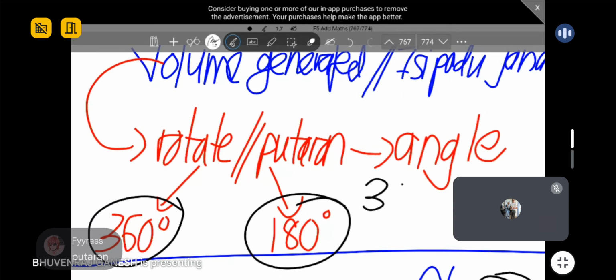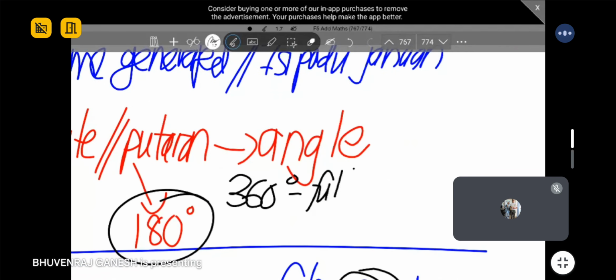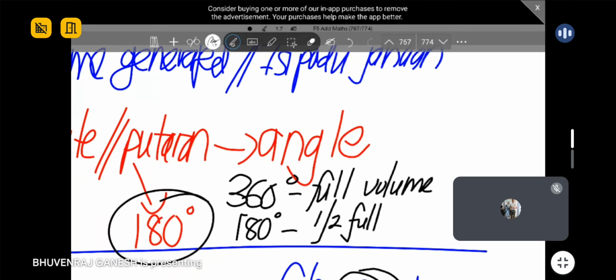If 360 degree, you will get the full volume. Am I right? Isi padu penuh. If 180 degree guys, what will happen kepada isi padu? Kalau sudut dia setengah, maksudnya isi padu juga setengah. Am I right? So you will get half of full volume.